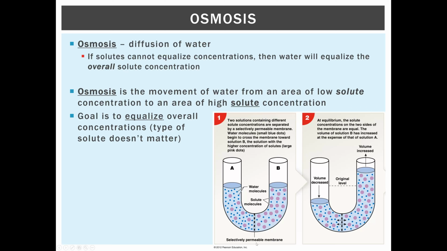But in this case, we have a selectively permeable membrane that does not allow the pink dots to move, so water has to move instead. And water will move toward the area that has the highest solute concentration. So water will move from side A to side B until the two concentrations are equal. Water crosses the plasma membrane through channels called aquaporins. So water can always cross the plasma membranes to equalize total solute concentration.